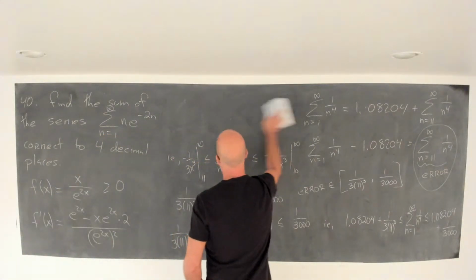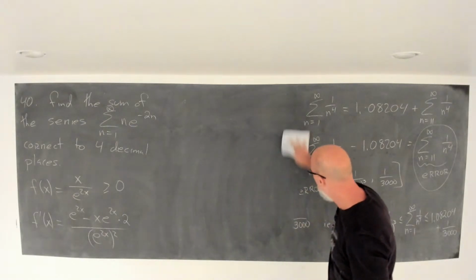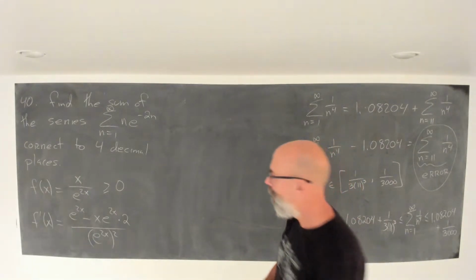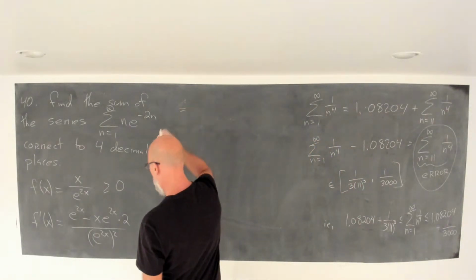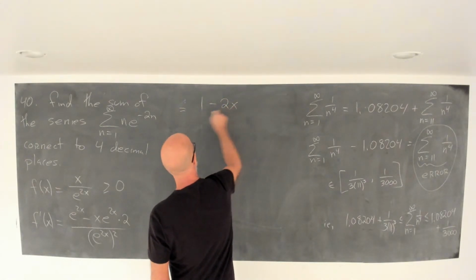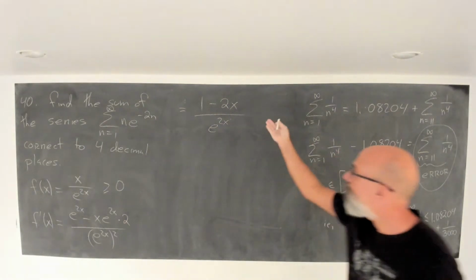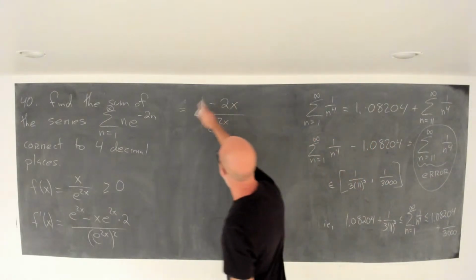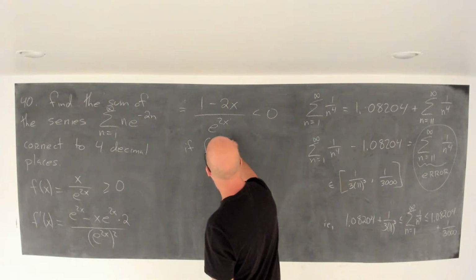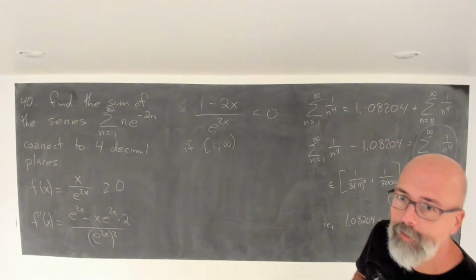Simplify that. What do we get? 1 minus 2x over e to the 2x. And it's easily seen to be negative if x is in the interval from 1 to infinity. The numerator is going to be negative, the denominator is going to be positive.